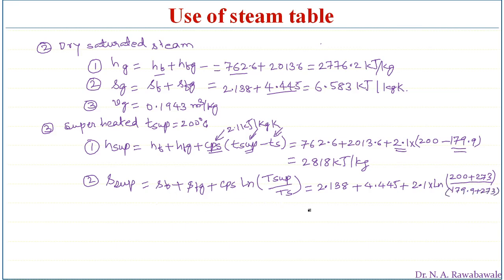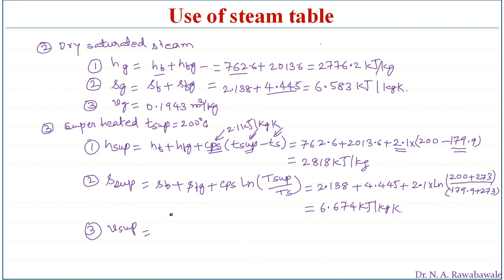So on simplification, this works out to be 6.674 kilojoules per kg Kelvin.